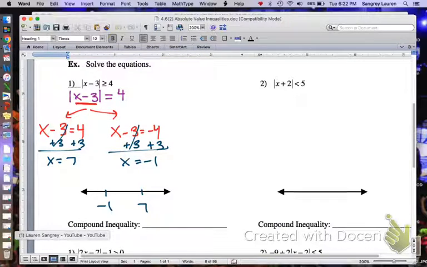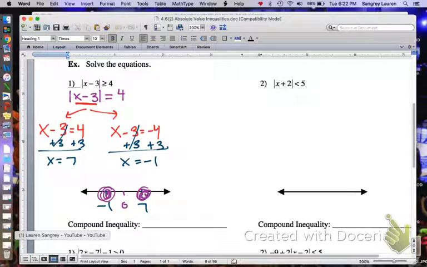Our critical number negative 1 is going to be a closed circle, along with our critical number 7. Now we do need to test 0 because we need to figure out which way to shade. 0 is in the middle right now.